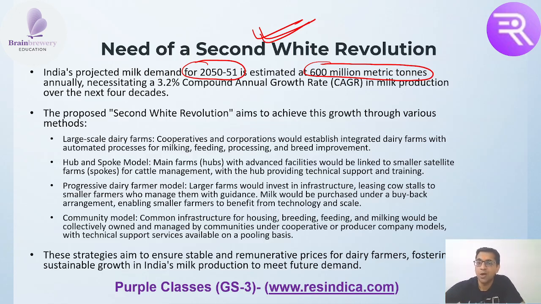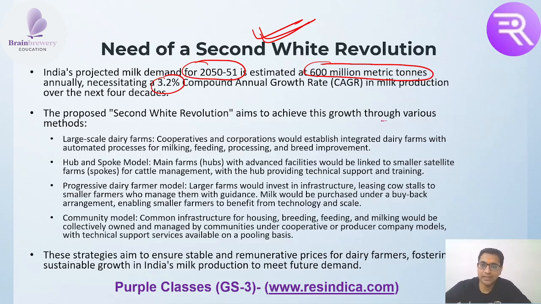That means we need a 3.2% compounded annual growth. So there is a need for a second white revolution to sustain that level of population, but that can only be done when some steps and effort are made in the present time.